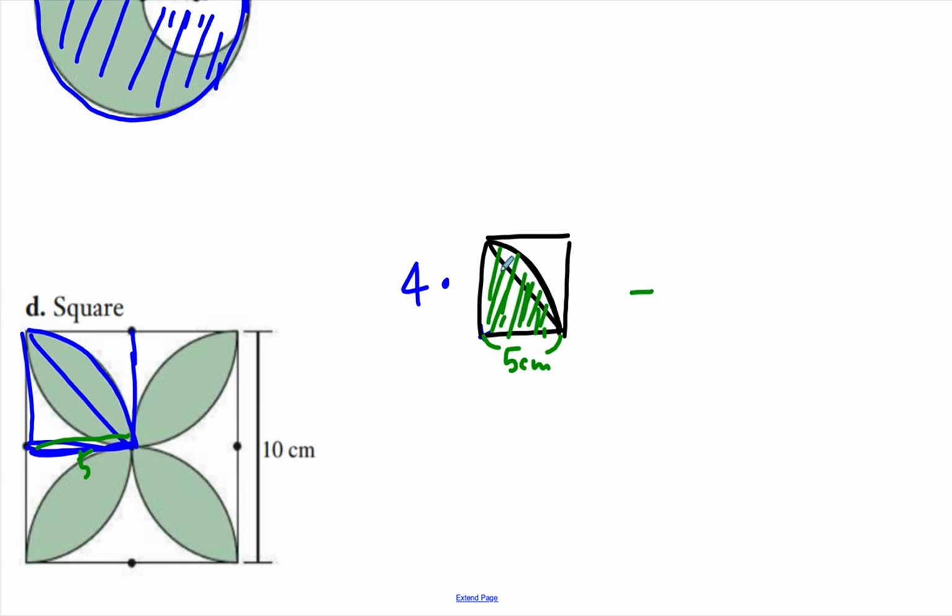And then I'm going to take away this triangle to leave only this shaded part, right? So if I take away that triangle, then I'm going to leave only half of a leaf, right?